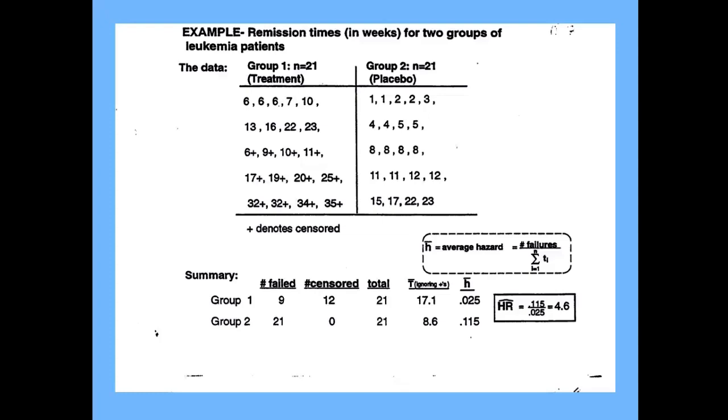When you do any kind of survival analysis, you're essentially going to get a hazard ratio. You want to look at its value, see how large it is, and see whether that means one group is doing better or worse than the other. Then you want to test a hypothesis about whether that hazard ratio is significantly different from the null value of 1, and also get a confidence interval around it.